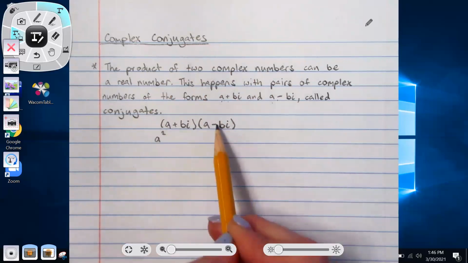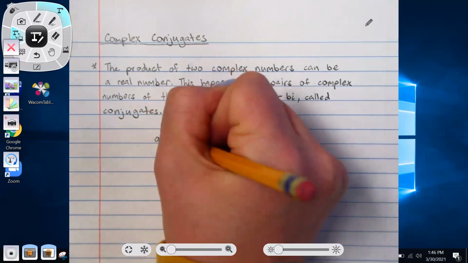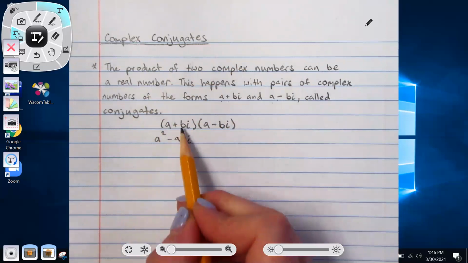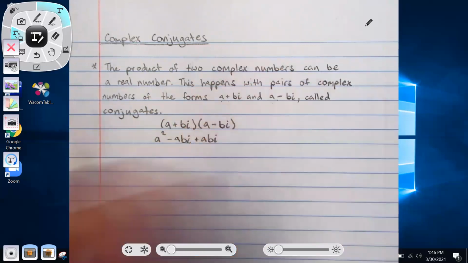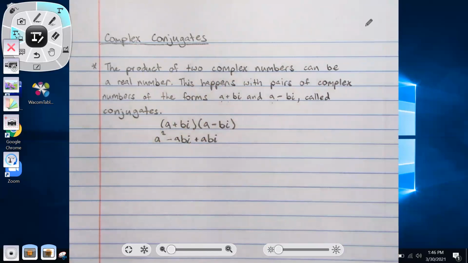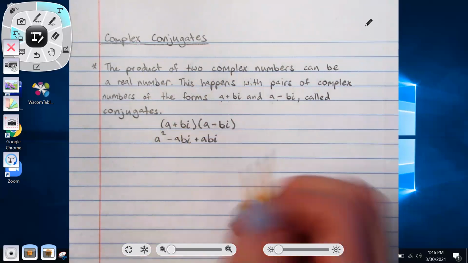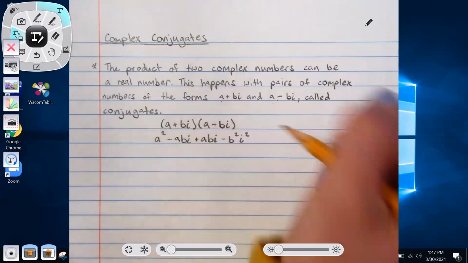A times negative bi, the outside terms, would be negative abi. The inside terms bi times a would be a positive abi. And the last terms bi times negative bi would be negative b squared i squared.